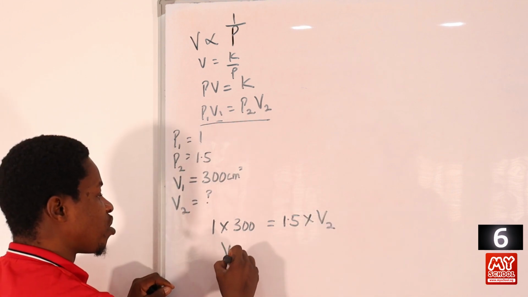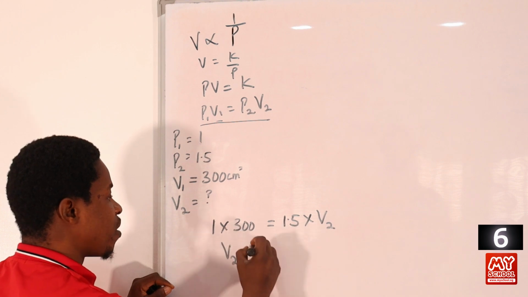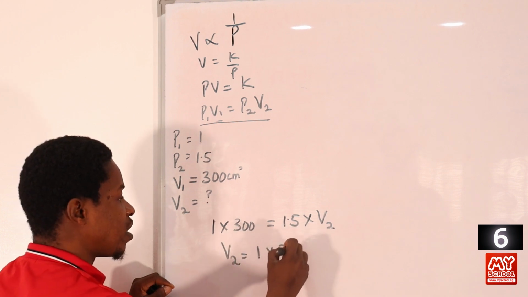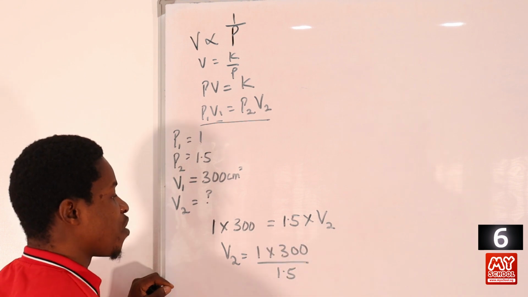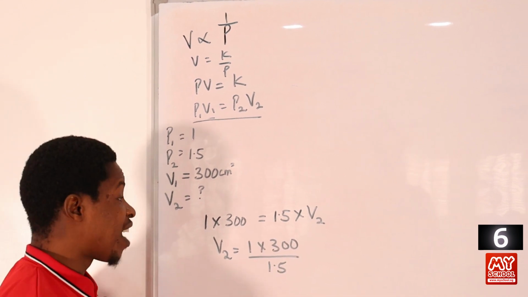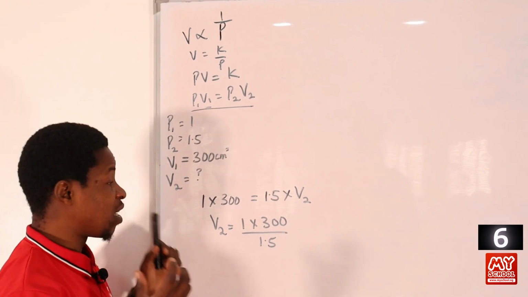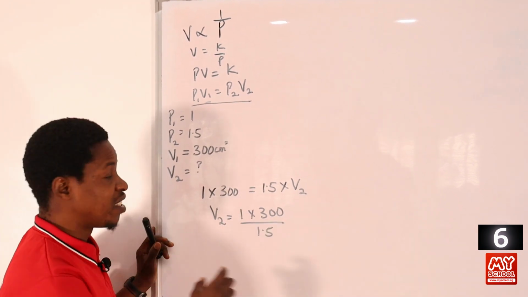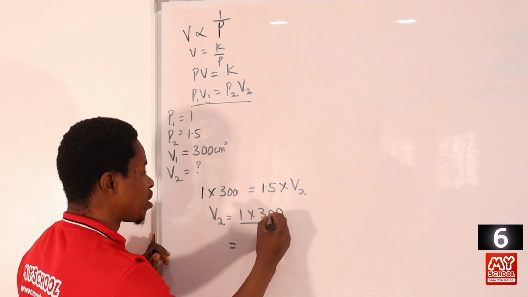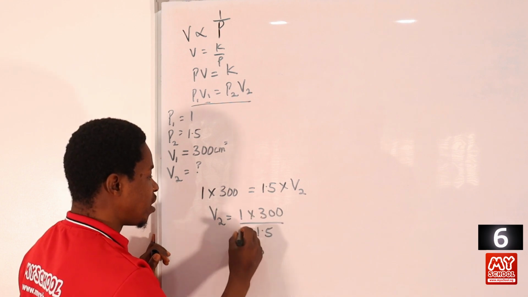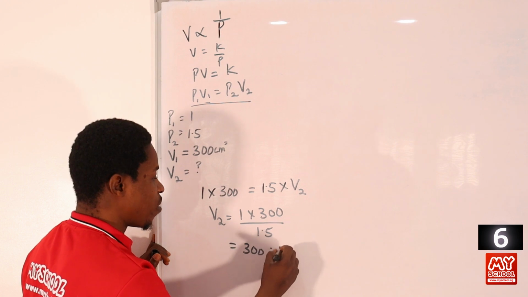Making V2 the subject of the relation, we have 1 times 300 divided by 1.5. Of course, you have your calculator on your computer or system, so you can just punch this and get your answer. But since I don't have one, I'm going to solve this by heart. 1 times 300, that is 300, divided by 1.5.